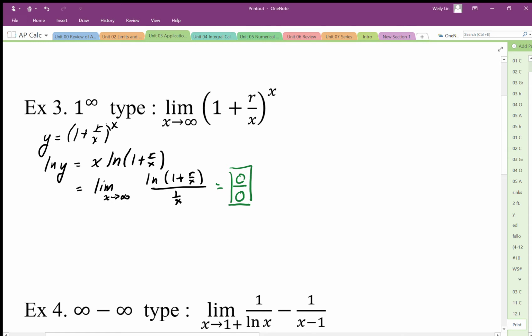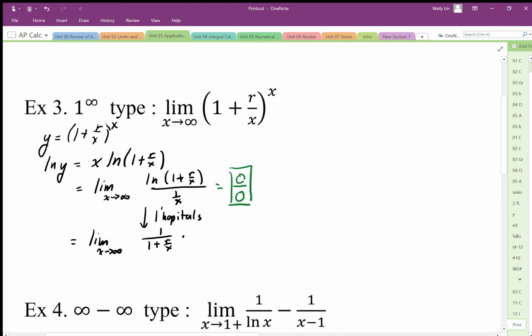So applying L'Hopital's, it's going to look like this. So I'm going to differentiate the top and the bottom independently of each other. And that's the idea behind L'Hopital's rule. So differentiating the top, I'm going to end up with 1 over 1 plus r over x. And then I have to apply chain rule.